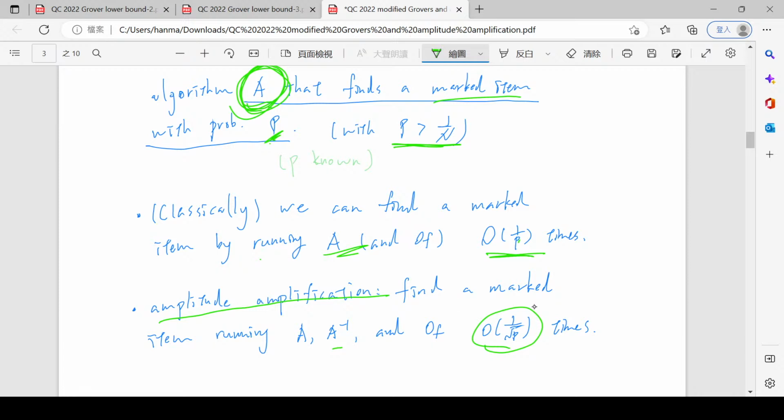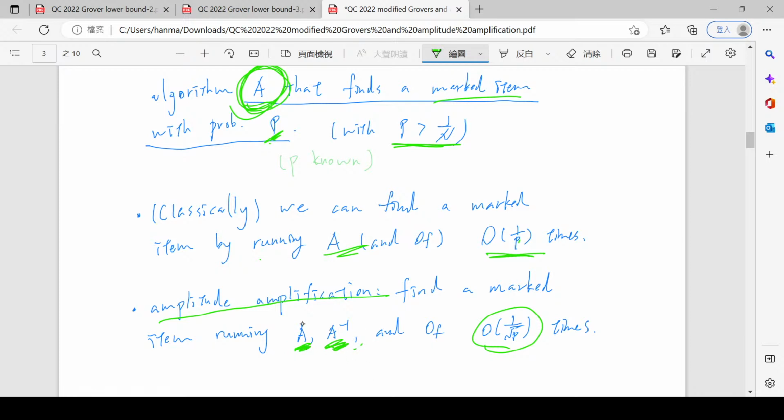Okay. And the algorithm requires you to call A, so basically run A. But also we claim that we need to run this A inverse, the inverse function of A as a quantum unitary. And we justify this by saying that if this A is not given to you as a black box, so if you are given A as a quantum circuit, then you can just reverse every gate, and that will give you this A minus 1.